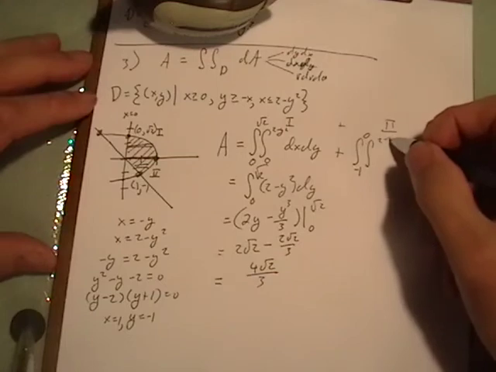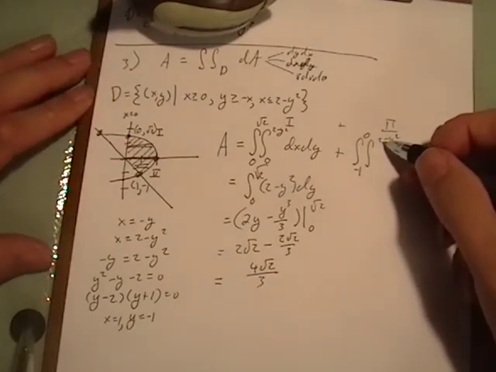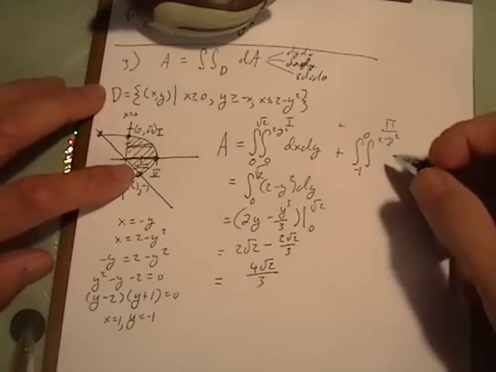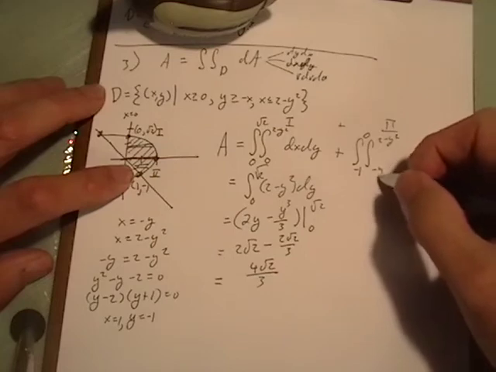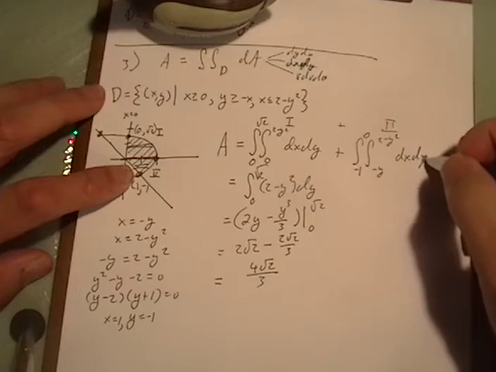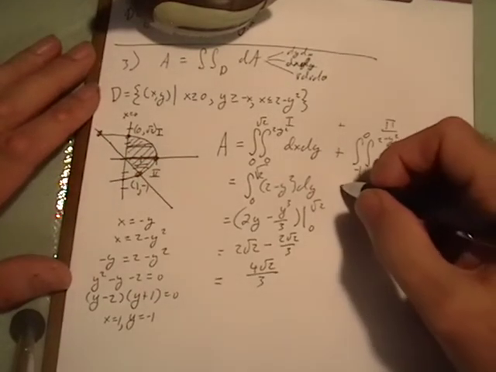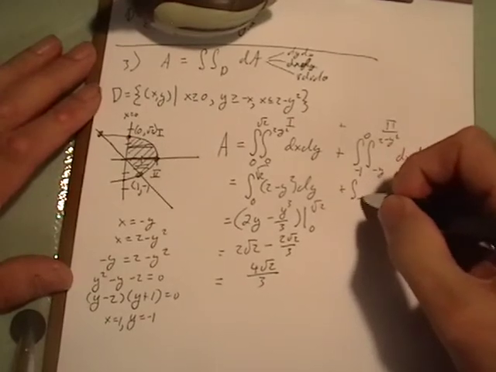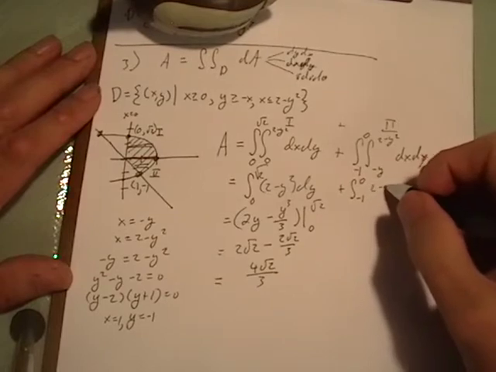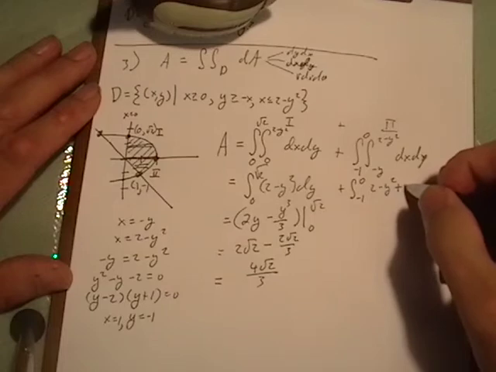The 2 minus y squared is still going to be the point on the right-hand side, but the point on the left-hand side, the x value, is going to be minus y. And remember that we're doing this dx dy because we're stacking our slices horizontally. So this will be the integral from negative 1 to 0 of 2 minus y squared minus a negative y.